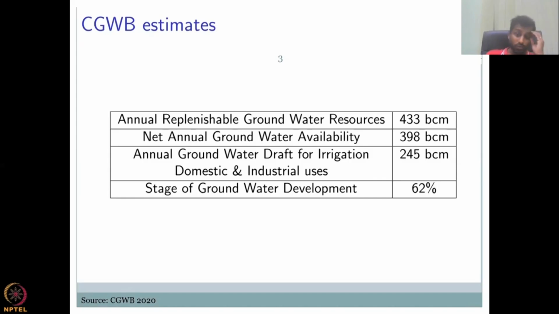Okay, so this 433 is based on annual data of how much water can be used to recharge. Okay, the net groundwater availability is the water that is remaining to be used, because not all 433 can be consumed.